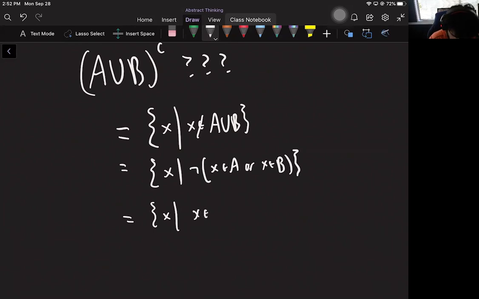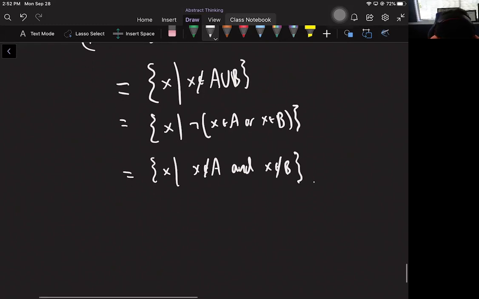So X being in A becomes X not being in A, and then the or becomes an and. And you negate the X being in B. So this is really saying that X is not in A and X is not in B. Well, that means that X is in A complement.